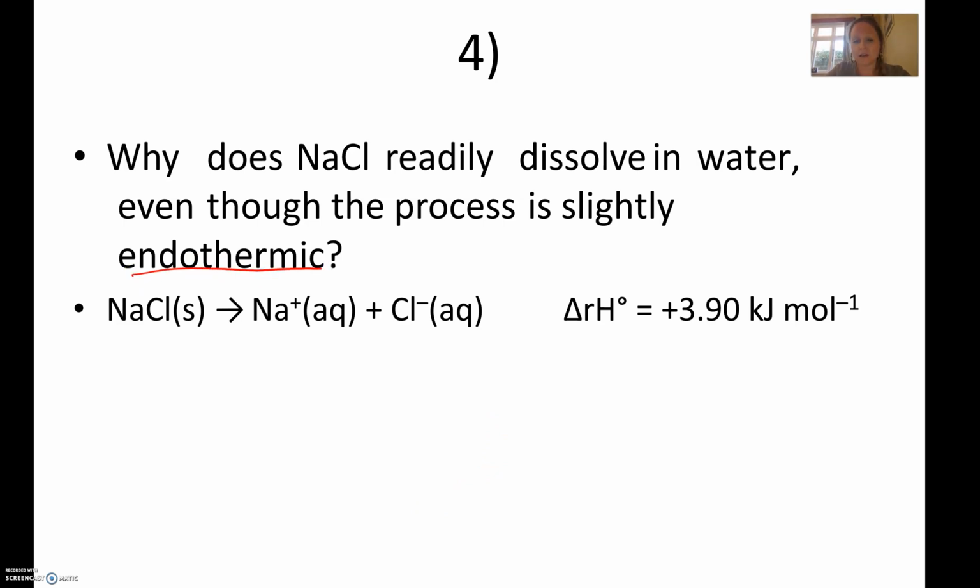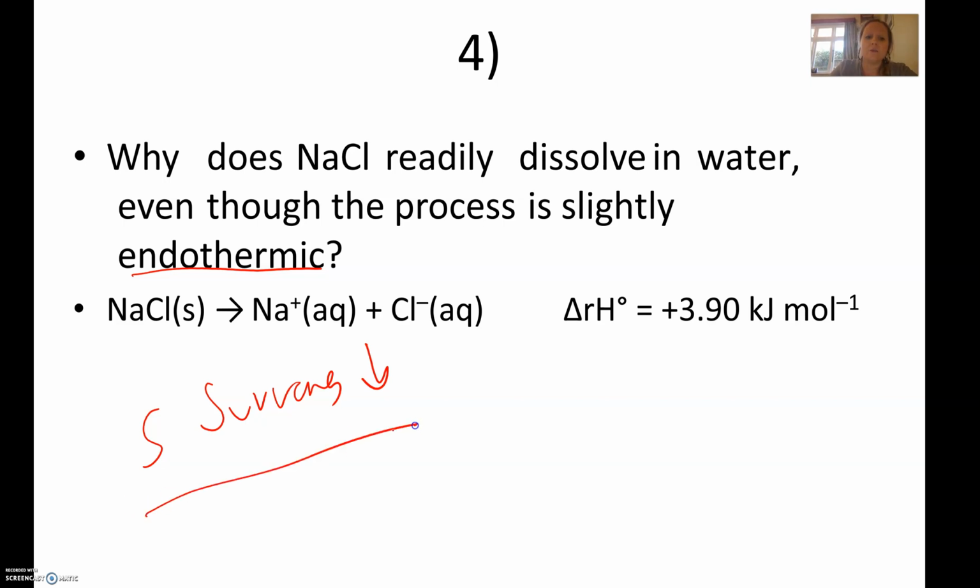Endothermic reactions mean that the entropy of the surroundings will go down, because endothermic reactions absorb heat energy. Therefore, the surrounding particles will move around less. With less kinetic energy, there'll be less disorder and less entropy.